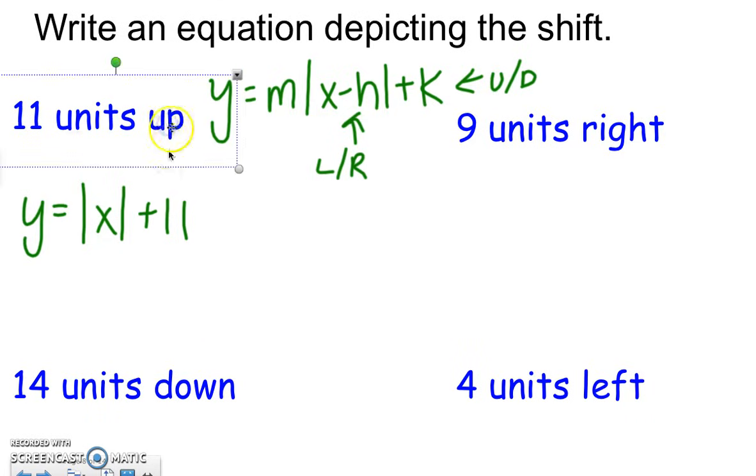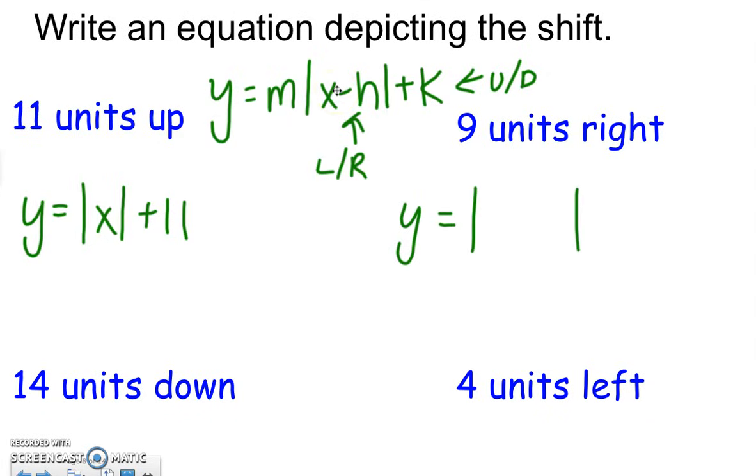Okay? So if it happens on the outside, that is going to be up or down. You will need to add a number on the inside if it's left or right. Looking at this problem over here, 9 units to the right, that means it's going to go on the inside. So I would say y equals absolute value. I know there's an x in there, but now I need to figure out if it's plus or minus.